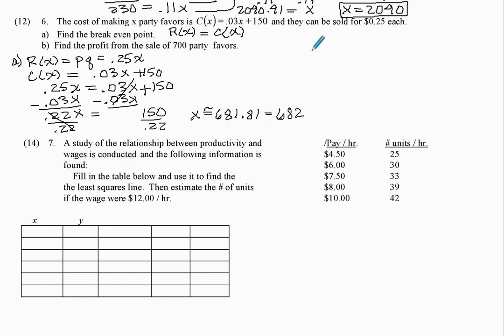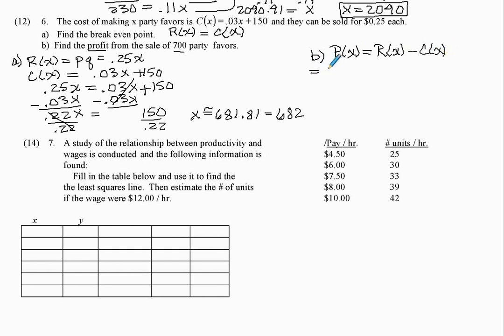And then in part B, they want us to find the profit from a sale of 700 party favors. So 682 was our break-even, so after 682, we're going to have profit. So remember that the profit function, the profit from x units, is the revenue, R of x, minus what it cost you, C of x.